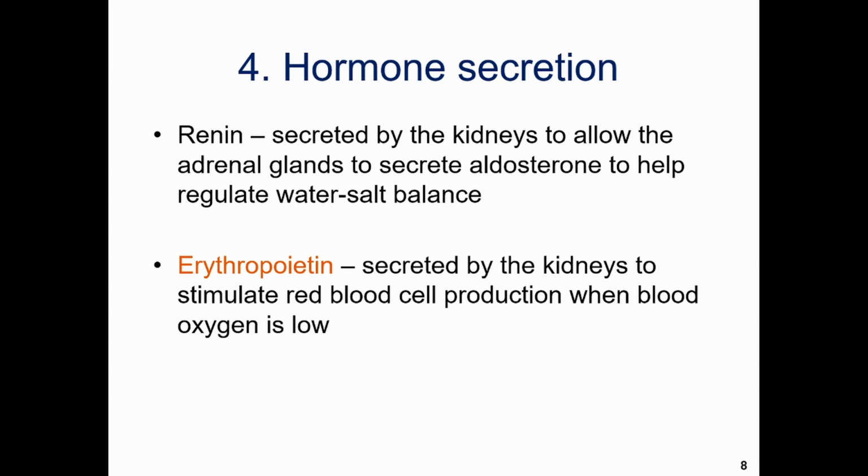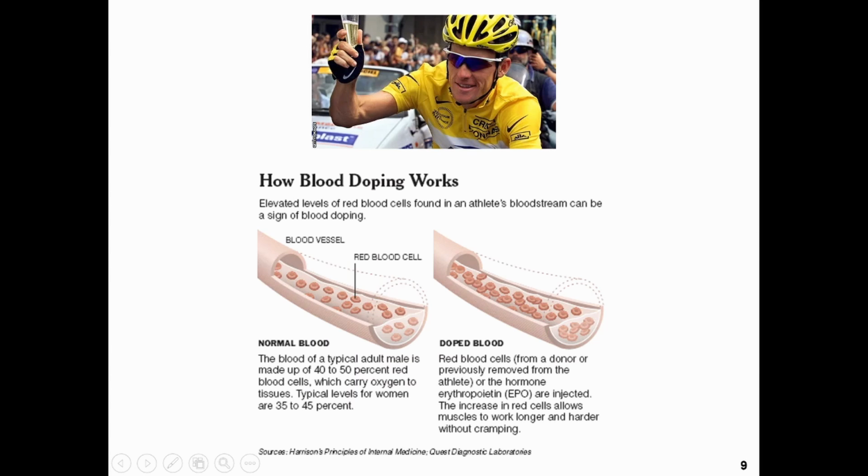We see that erythro, so you should already know that root, thinking red or red blood cells. So this hormone stimulates red blood cell production when oxygen content in the blood is low, right? And that means that there's probably not enough red blood cells or hemoglobin. And I know we've already talked about Lance Armstrong, but we'll talk about him again. He did win 7 Tour de Frances. However, he was stripped of those because he was caught blood doping.